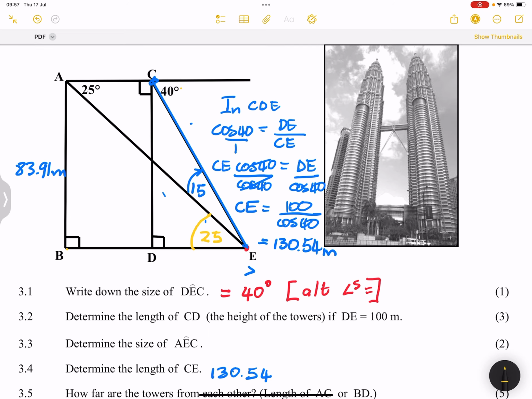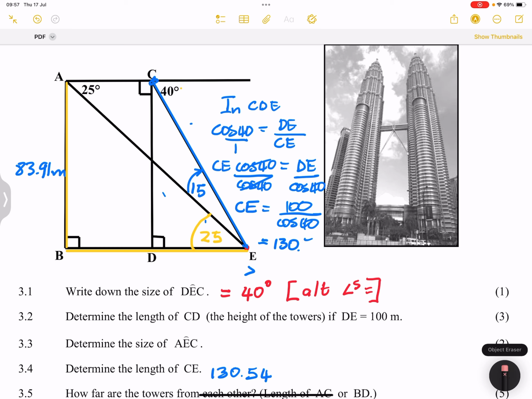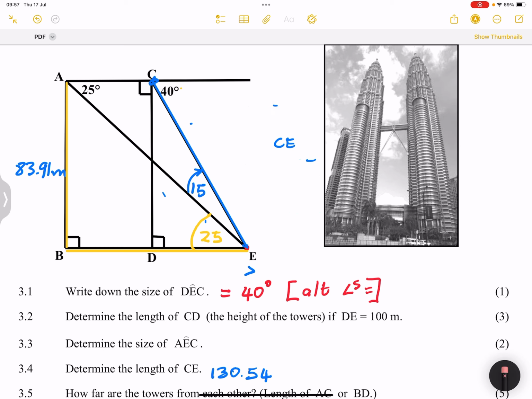I want the adjacent side, but which other side do I have? I've got the height, which is the opposite side. So which trig ratio has opposite over adjacent? Again, it's going to be the tan of the angle. So I'm going to remove all of this.